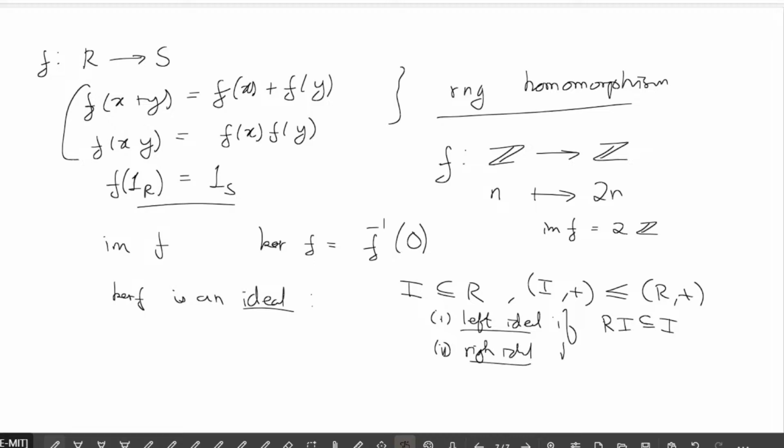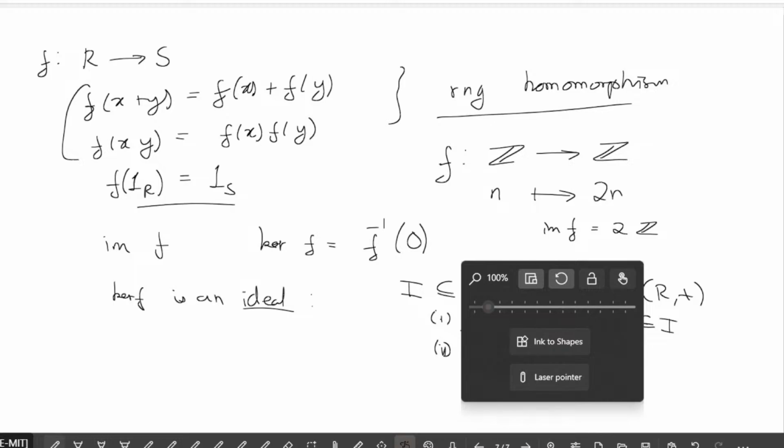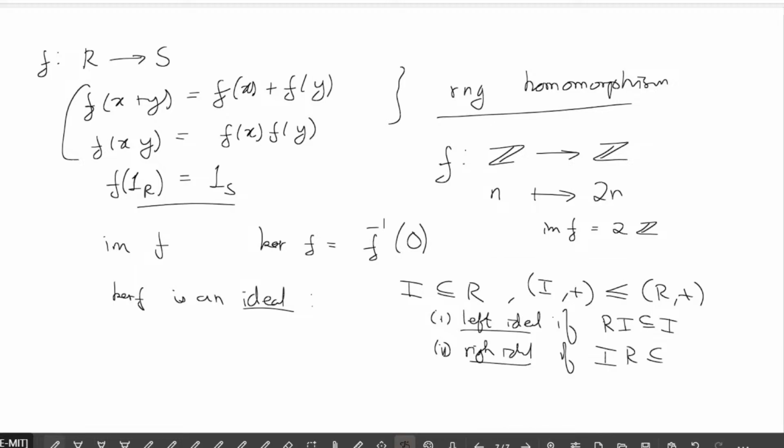Right ideal: IR is contained in I. And just ideal, or specifically two-sided ideal, if it is both a left ideal and a right ideal.